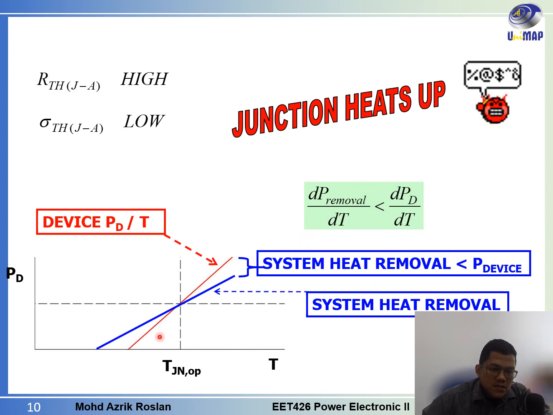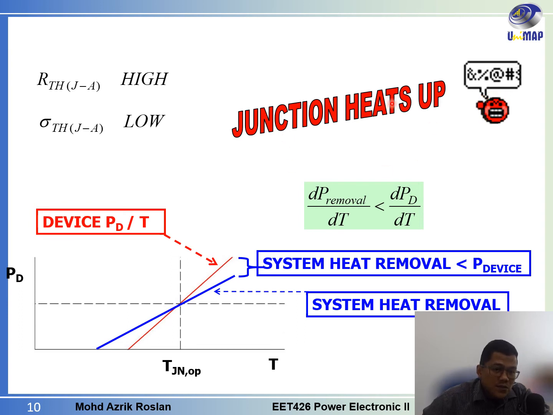Okay, and this one is for the other extreme. We have two lines as well. The first is the device power dissipated versus temperature line, and the system heat removal, or dP removal over dT, is less in terms of slope than the device PD over T. It means the junction will heat up.